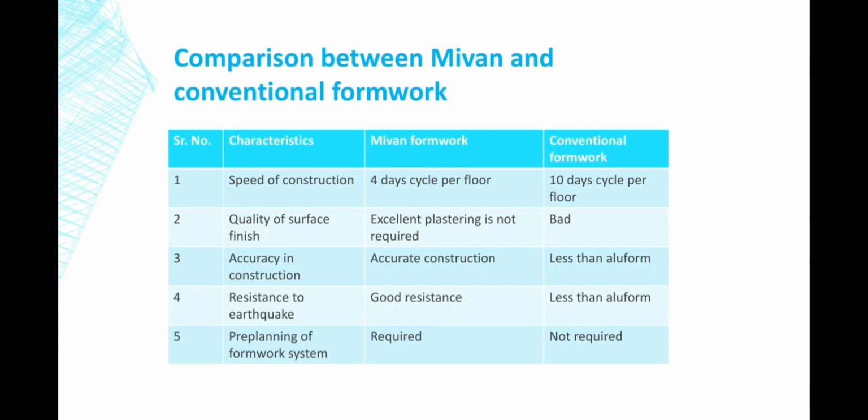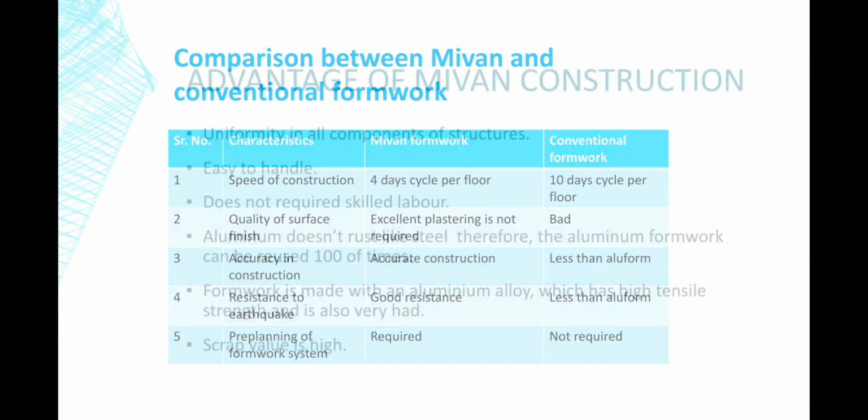Accuracy in construction: Maivan formwork is accurate, and conventional formwork is less accurate. Resistance to earthquake: Maivan is good, and conventional formwork is less. Now last, pre-planning of formwork system: in Maivan formwork, pre-planning is required, and in conventional formwork it is not required.